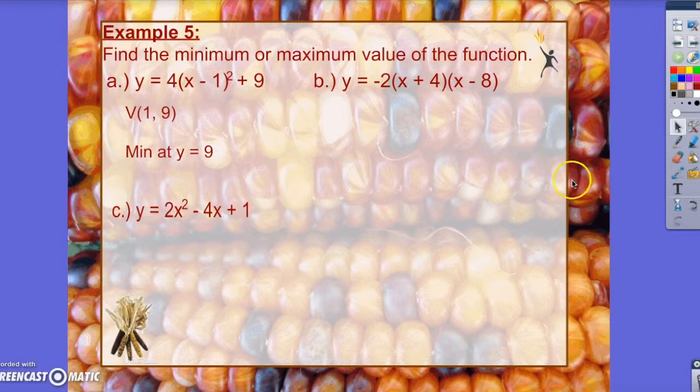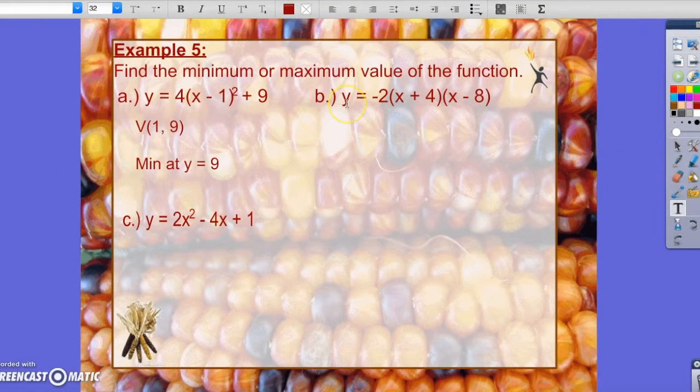All right, so let's look at B. B is a little bit more work. I'm not going in the order we learned, but in order of difficulty. This is in intercept form, so we need to label our P and Q. P equals -4. Q equals 8. Remember, it's the opposite sign. To find the vertex, x is going to equal adding them up and averaging them.